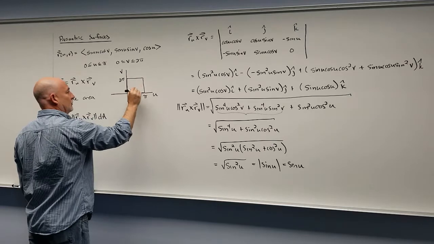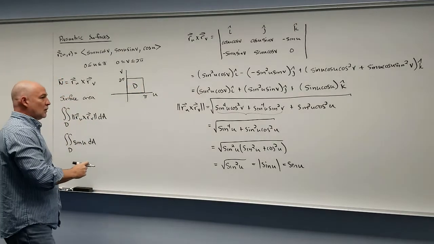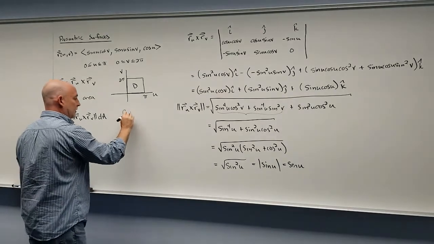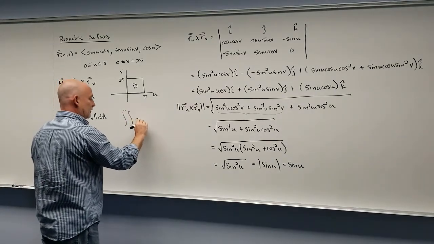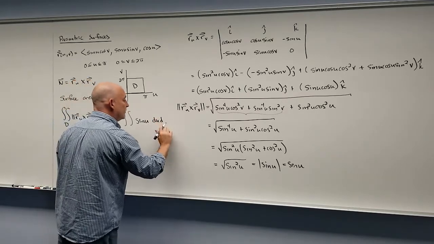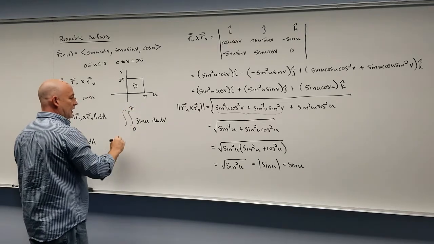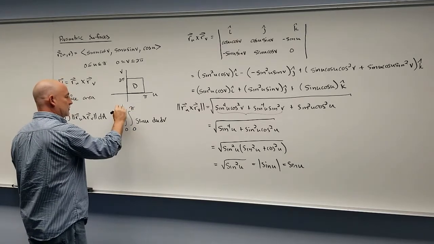So that's our domain that we have to integrate across. So this is going to end up being the integral of the sine of u, doesn't matter which one you integrate first, du dv or dv du. We know in this region u runs from 0 to pi, v runs from 0 to 2 pi.